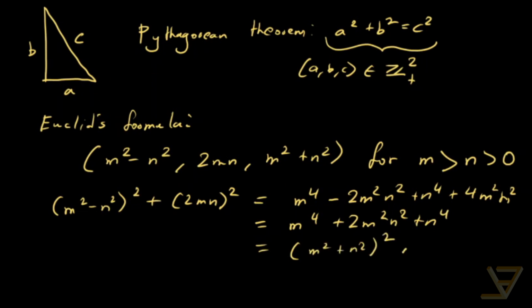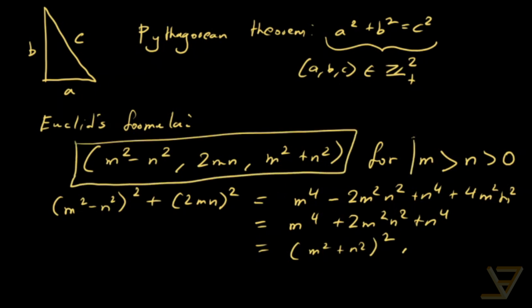Okay, so this is in fact a Pythagorean triple for all m and n like this. And note that we need m greater than n in order for the first term to be positive.